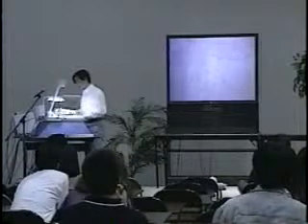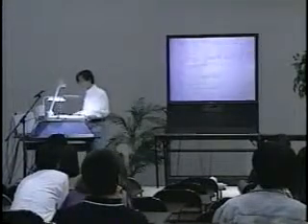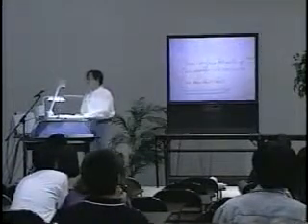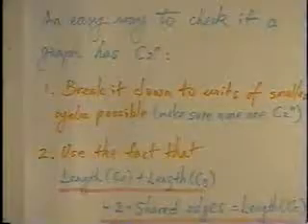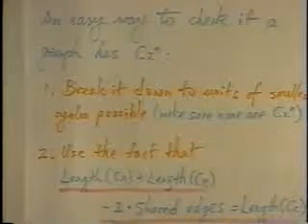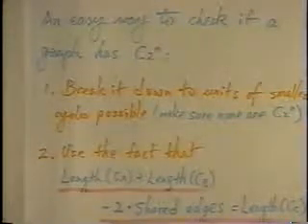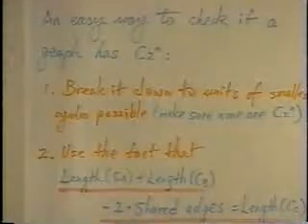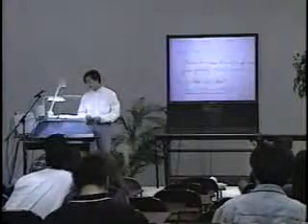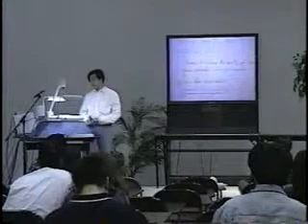Okay. So basically, the method I'm using to check if it has any cycles is that I break it down into units of smallest cycle possible, and make sure that those cycles don't have any cycles that I don't want.